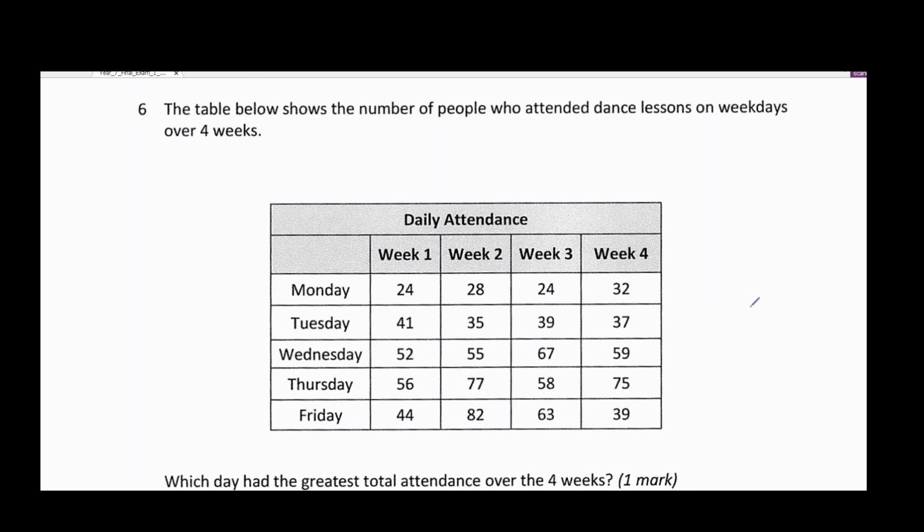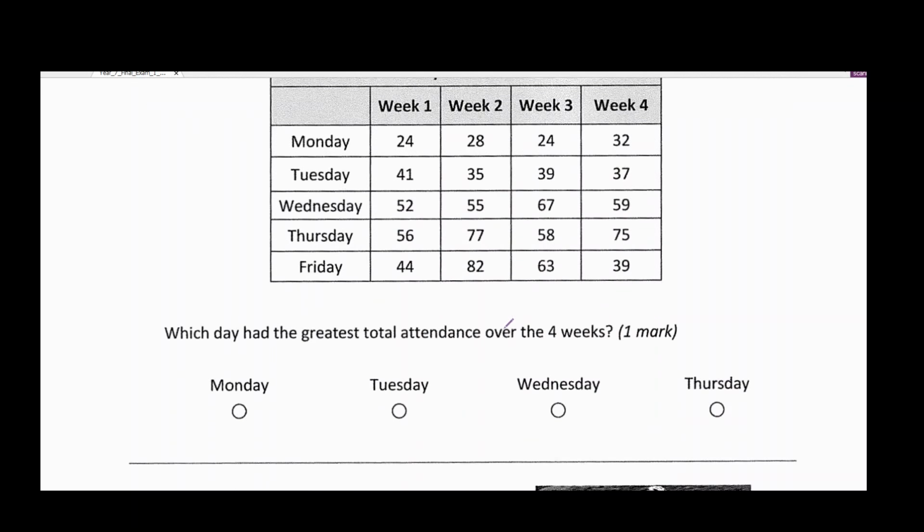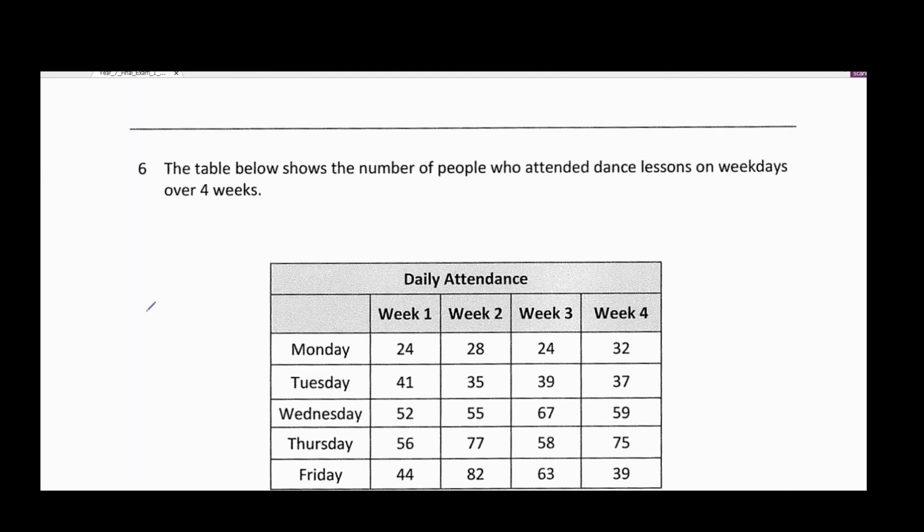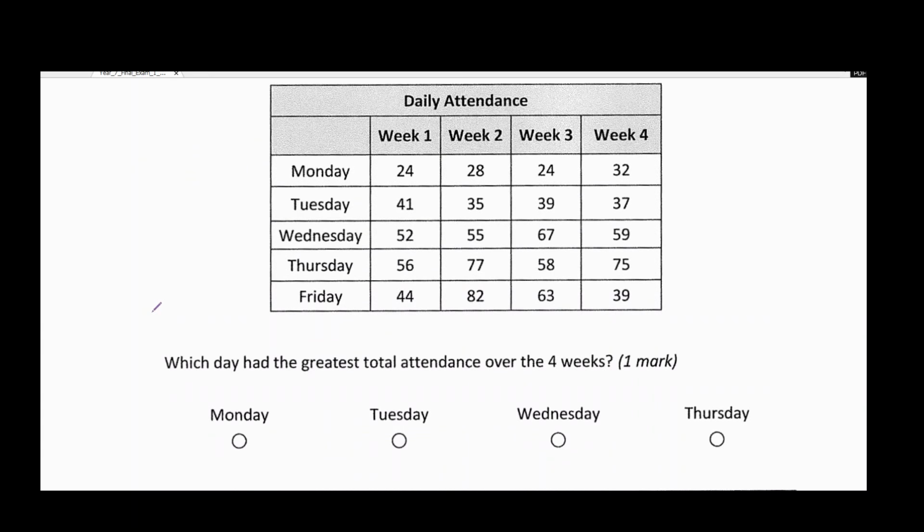The table below shows the number of people who attended dance lessons on weekdays over 4 weeks. Which day had the greatest total attendance over the 4 weeks? So you have to add each of them up, because it asks for total attendance.